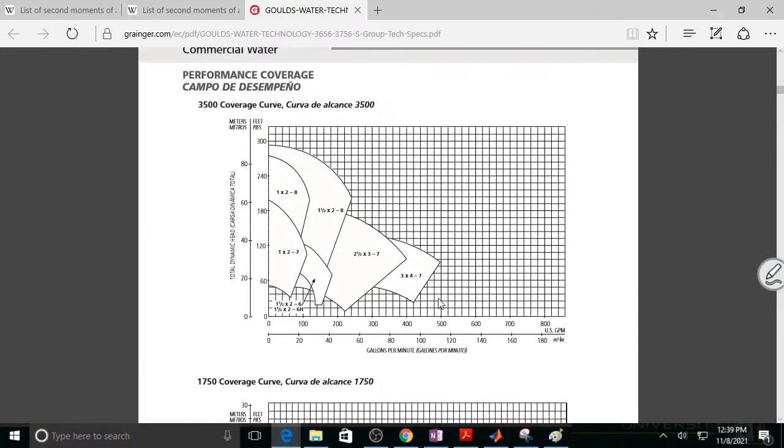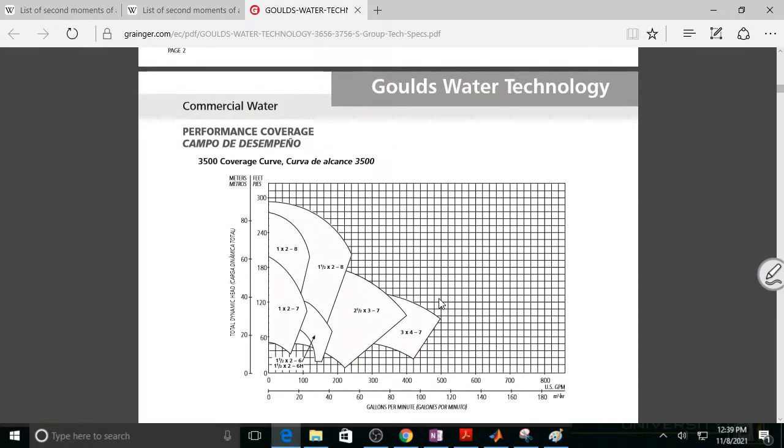So these are kind of overlays, and they're kind of bad and good because you can see these are operating ranges for the pumps, and we'll talk about that. But some of these are hidden. So in other words, if you wanted 200 gallons per minute and a total head of 40, you're probably going to want to be using this pump or this one.